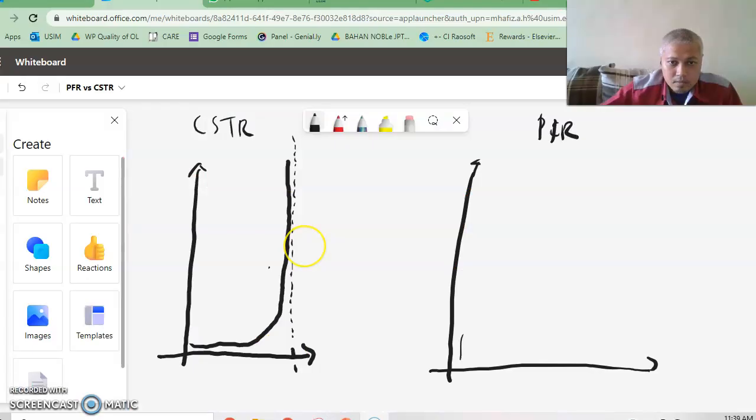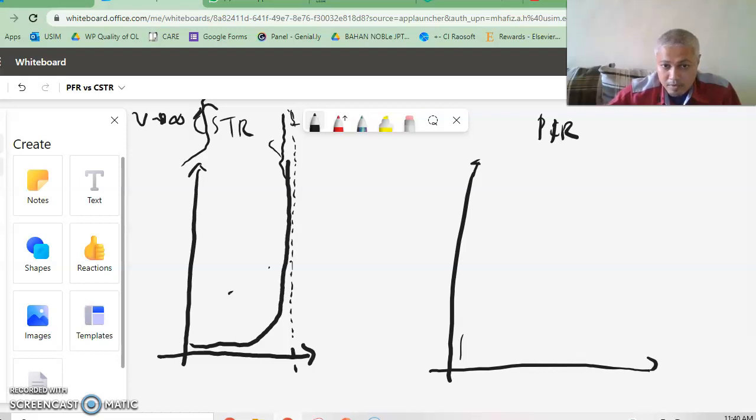Just now we agreed that for CSTR, the volume will be infinity, right? Because of this, it cannot touch 1 here. It will not touch 1, so it will go up and up and up, so we have V approaching infinity.